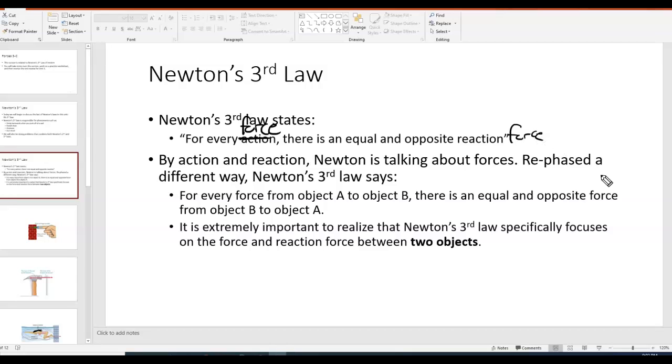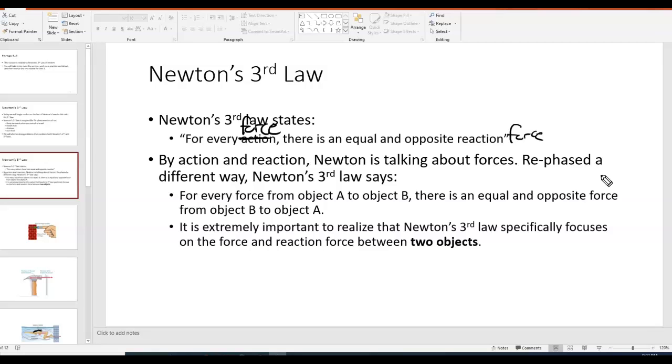Basically, for any push or any pull, there is automatically a reaction force to that push or pull. In other words, forces always come in pairs, an action and a reaction. For every force from object A to object B, there is an equal and opposite force from object B to object A. Equal meaning the same size, opposite meaning in the opposite direction.